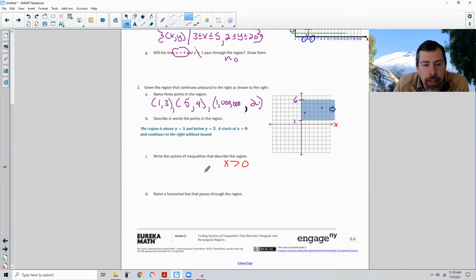Okay, and then if we're talking about Y, that would be a between inequality. There's no equal signs because there's no lines, and Y has to be less than 6 but greater than 1. D says to name a horizontal line that passes through the region.